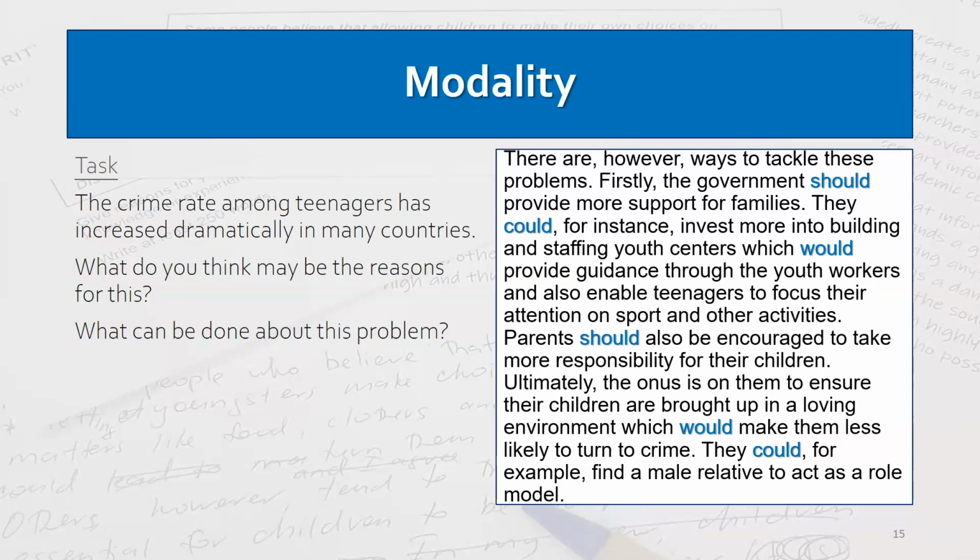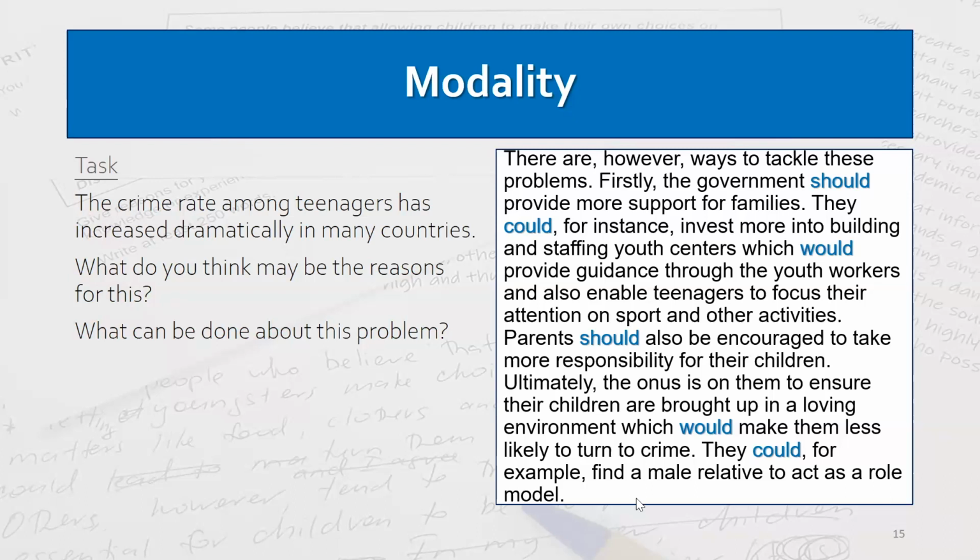So here, it's a body paragraph on some suggested, possible solutions to the issue of crimes. As you can see from this body paragraph, the writer uses some modal verbs like should, could, in order to make some suggestions, like what the government and also what the parents should do in the light of the growing crime rate.